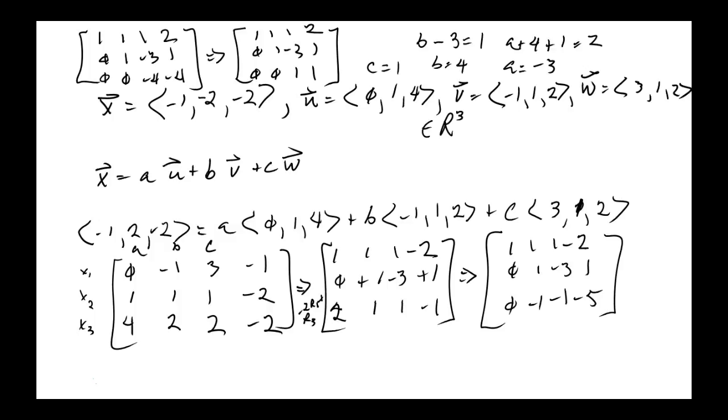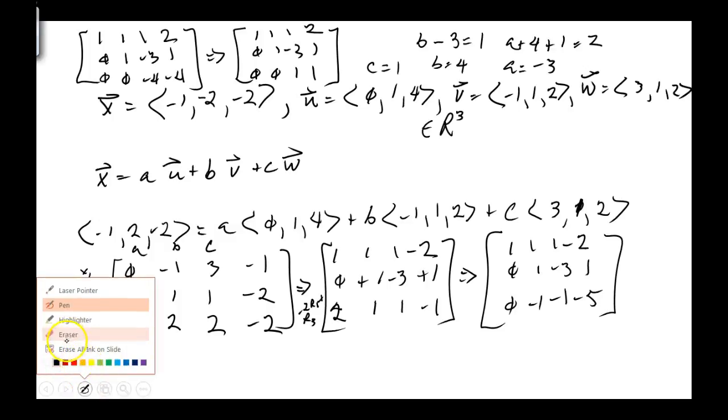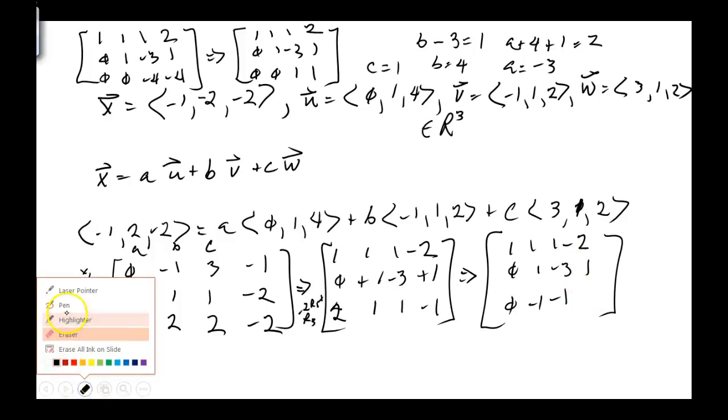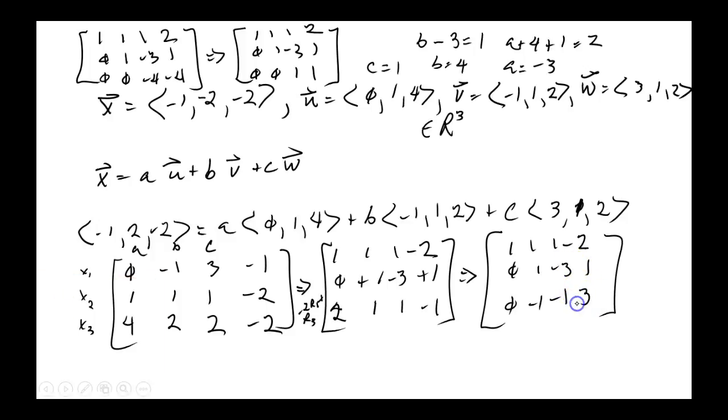Oh yes, we did. At the very first step, we did -2 row 1 plus row 3. So that would have made that a 4, that would have made that a 3. Right there. See in that step?